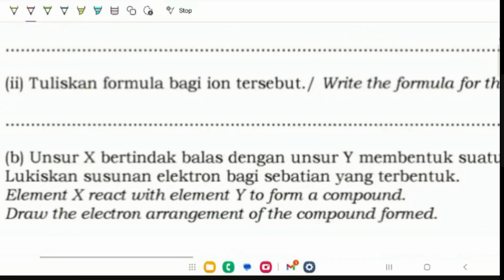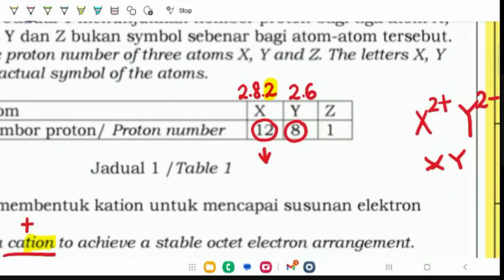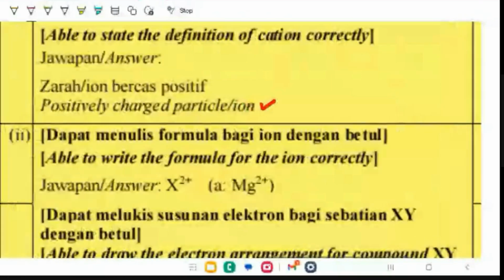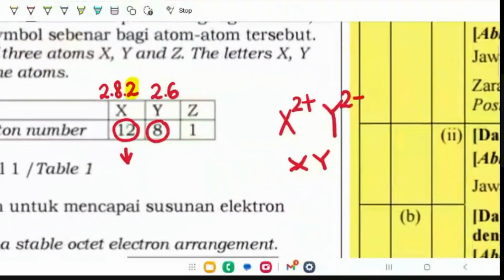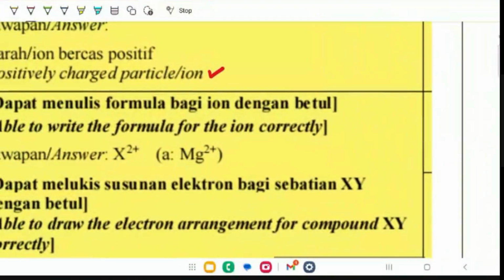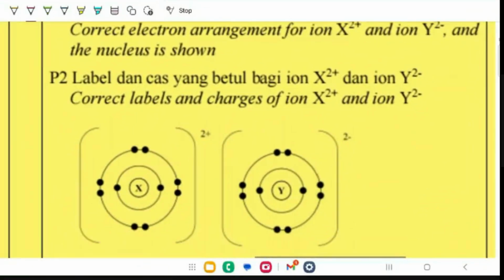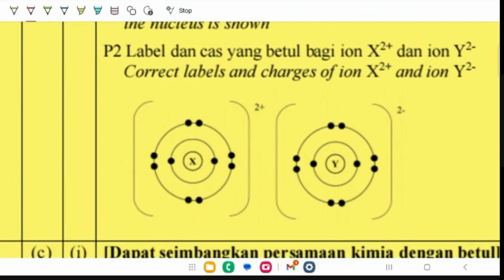Okay, draw the electron arrangement. So this one is 2 8 2, so what is the charge? 2 positive. Then this one gains 2 electrons. Are you able to draw it? 2 8 2 for X, and so on. So it will be like this, correct?